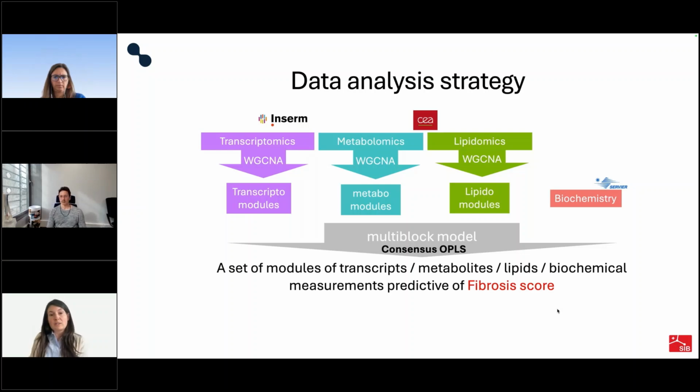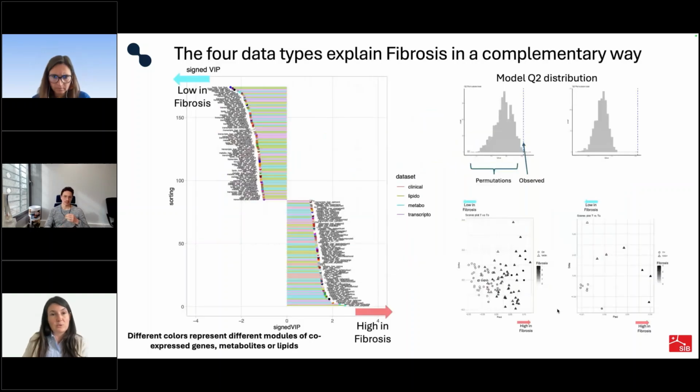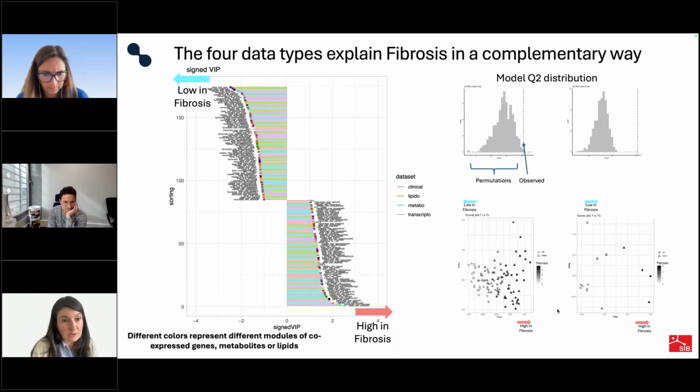Now, if we take a look at the common variation related to fibrosis, we see that the four data types contribute to the model in a complementary way, by looking at the colors that are assigned to the different data sets, and the VIP values. VIP stands for variable importance projection.